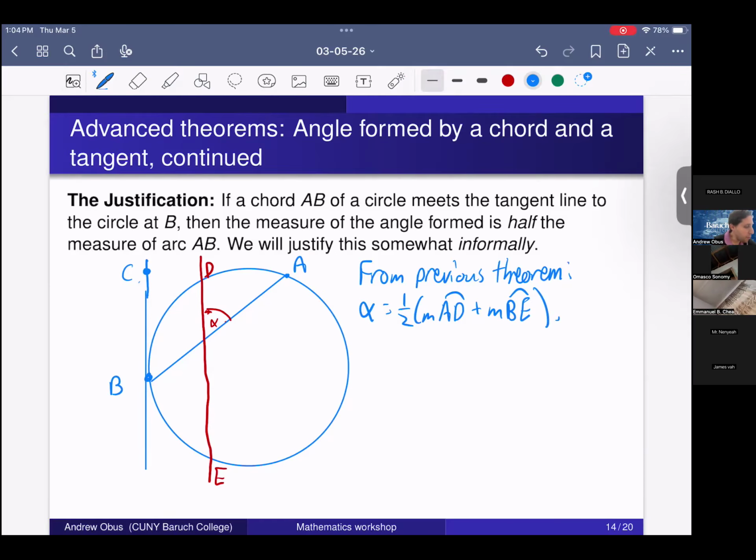Now what are we going to do? Let's slide line DE toward the tangent line at B.